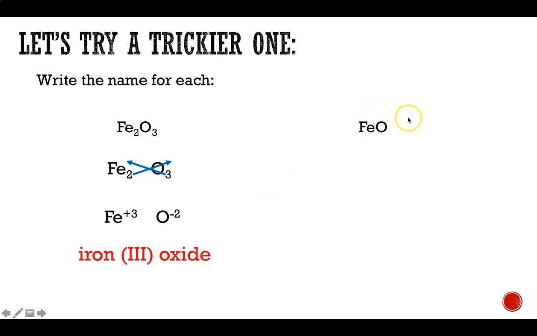Now this one over here, we've got Fe and O. Remember, if there's nothing there, it's really an invisible 1. So if we backwards crisscross, we end up with Fe +1 and O -1. Again, go check the chart and see if this is an option.